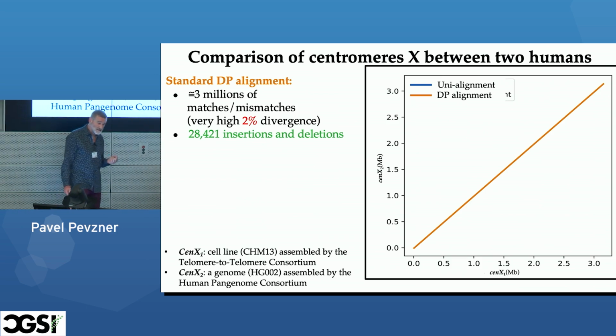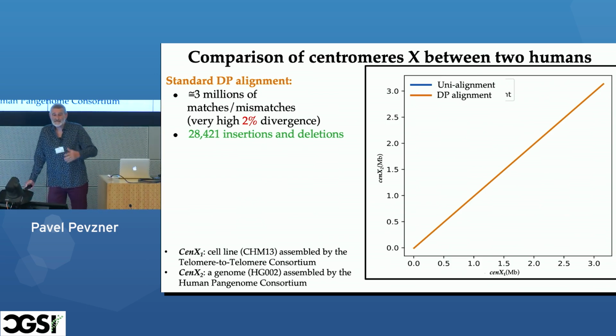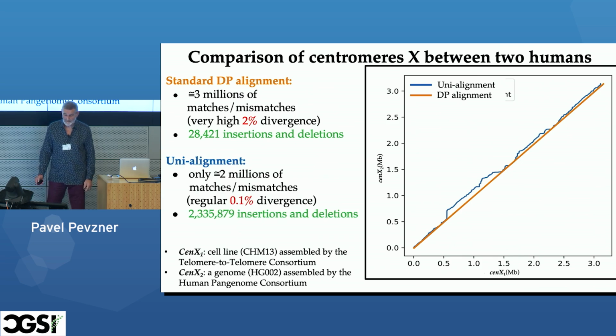How can that possibly be? There were various speculations that there is some mechanism that greatly increases the mutation rate in centromeres, but the line is straight, just with a lot of mismatches on it.